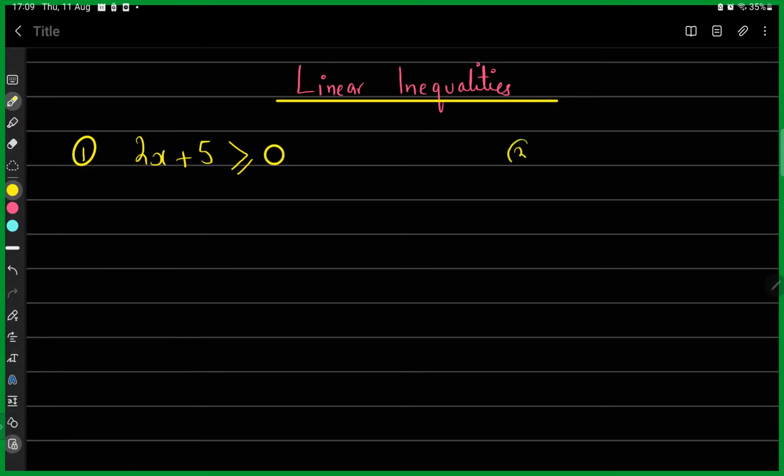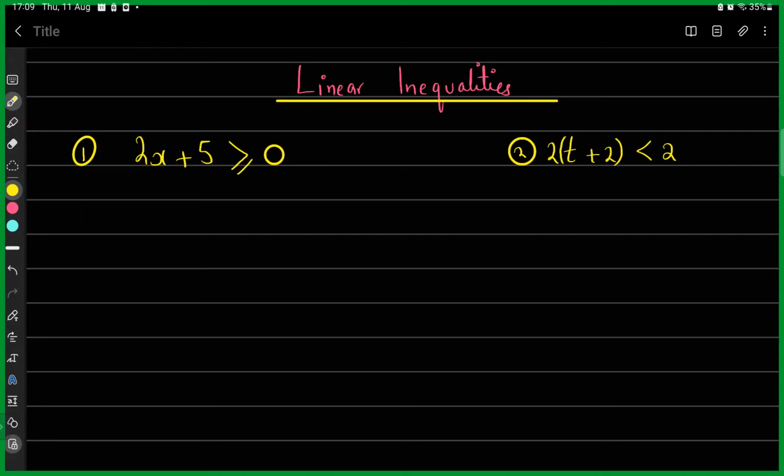And another example would be (t plus 2), this whole thing being multiplied by 2, is less than 2. So you need to just solve these inequalities.